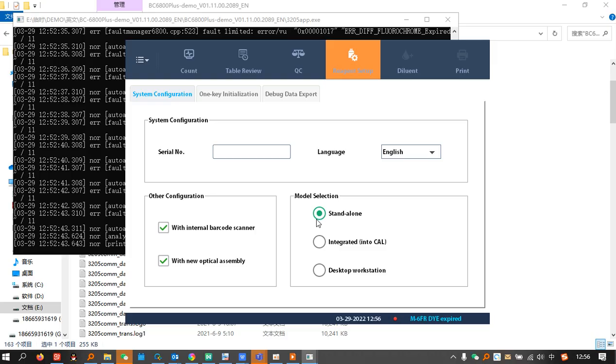So the only thing to pay attention to is don't directly upgrade standalone software when the 6A is still connected to the KEL 8000. I mean, if you upgrade standalone software into it and you find that you can't go into the system, you can do nothing but replace the power driver board.